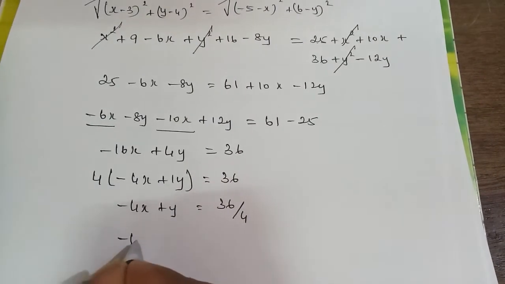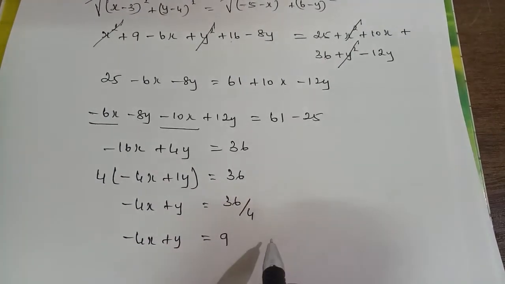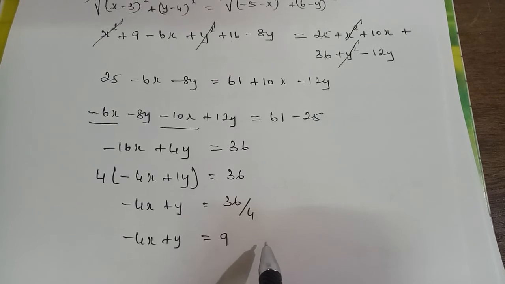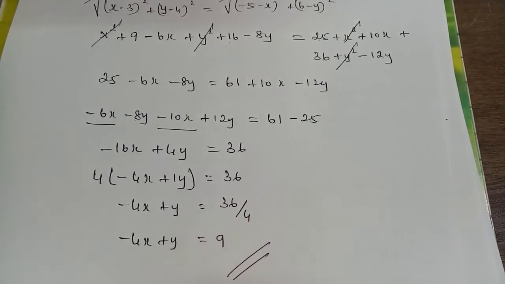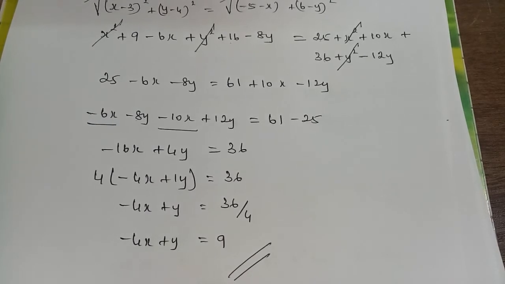So we have minus 4x plus y equal to 9. So this is our relation between x and y. Okay, thank you.